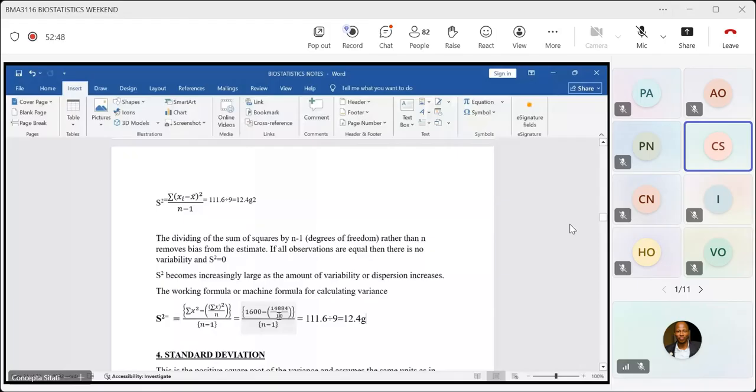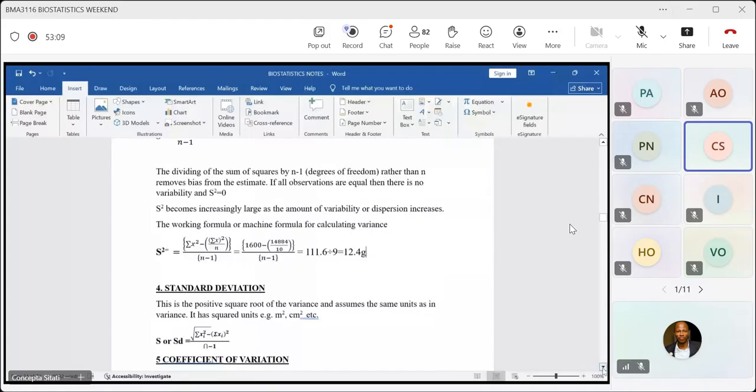Here, when you do this manipulation of summation of x squared divided by 10, that is like finding the mean, and you are subtracting the mean from the summation of x sub i, all of it divided by n minus 1. That looks as simple as that. So please don't fail a question on the variance. You will always find a question there on the variance.